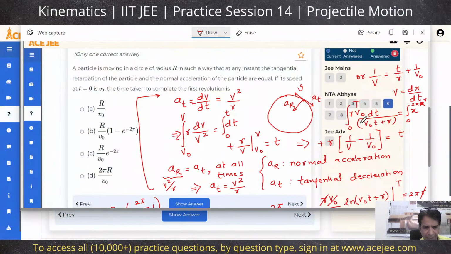We need to look at a better method. So let's revisit the method itself and see if we can do it better. But first, let me find out the minus sign. Where is it going wrong here?